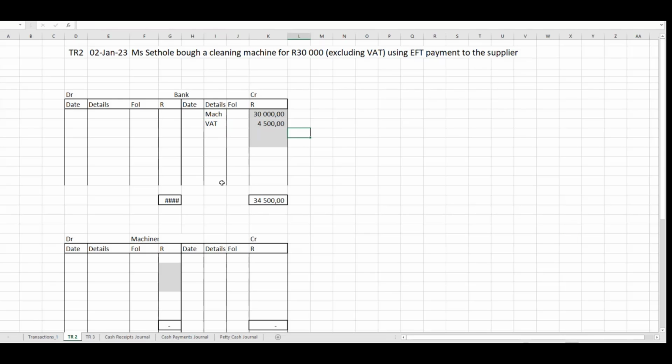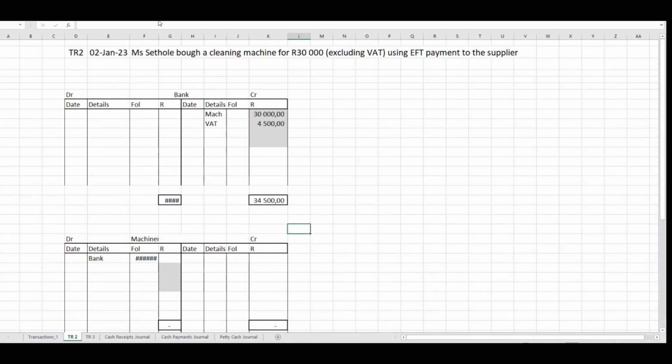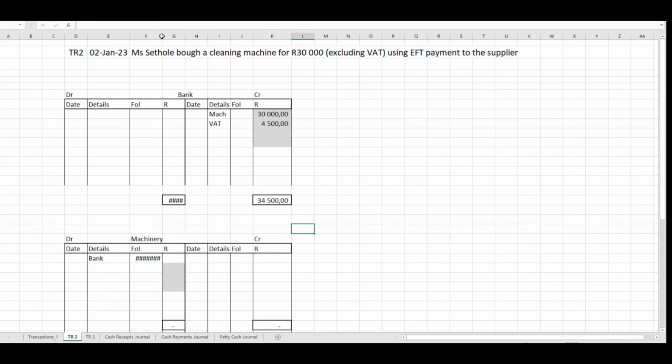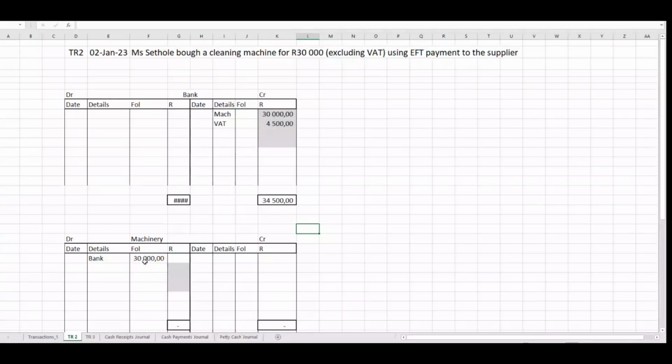And on the machinery, we have agreed that machinery is an asset account, and an asset account increases on the debit side. On the machinery, you're going to have that 30,000. We've already done this before, just repeating for completeness, so that you can see where VAT fits into the bigger picture.